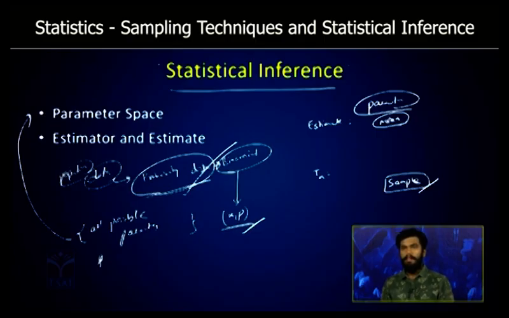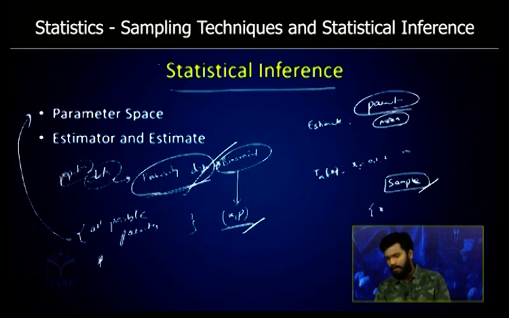We form a function Tn of x which takes all the possible values in the sample, where the sample is x1, x2, so on up to xn.